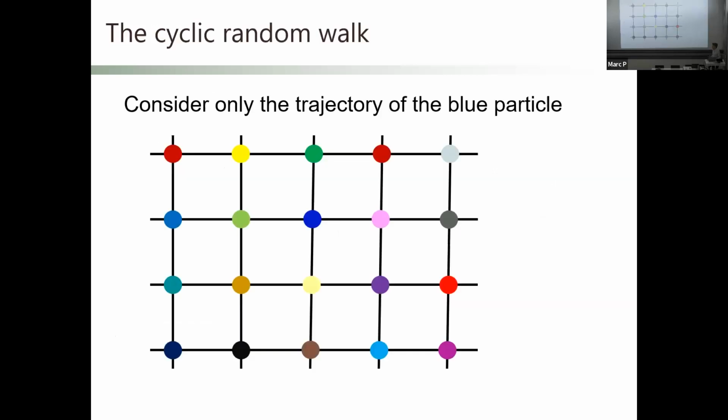So yeah, I've been saying that we're looking at a random walk. I want to be a little bit more specific about what I mean, and what we call the cyclic random walk. So we want to know the cycle of the origin. We'd start off with the particle at the origin, and it's involved in some transpositions. So it's jumping to neighboring vertices.